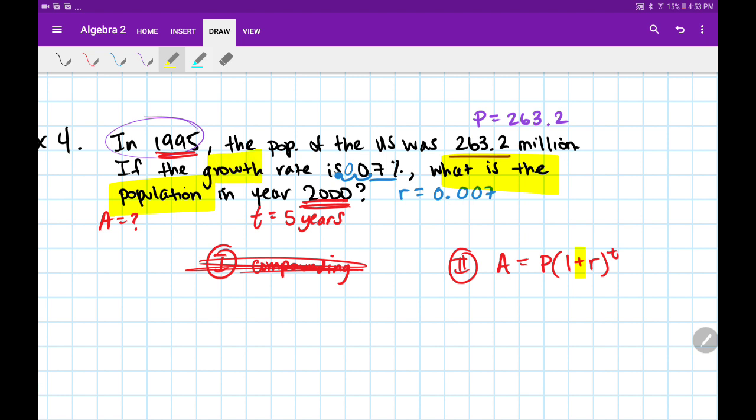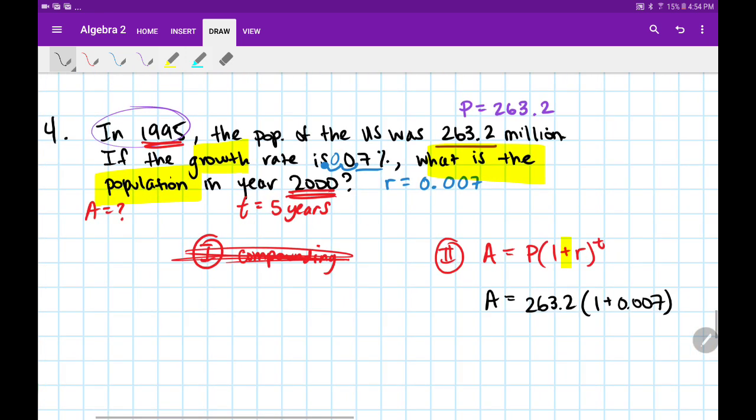So I'm adding on each year. All right, let's plug it in. A equals, our principal was 263.2. 1 plus our rate is 0.007. And we're doing this over how many years? From 1995 to 2000. We said that was 5 years for T.